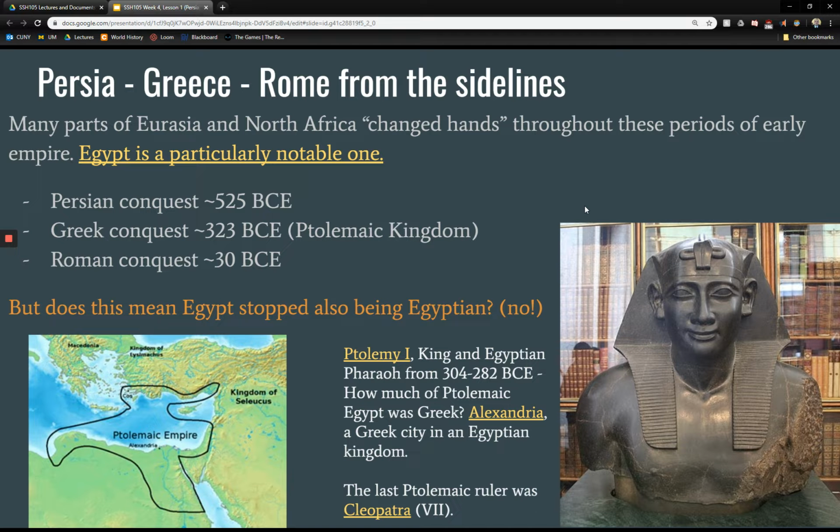And I want to look at them really briefly from the sidelines, from Egypt. So Egypt has the unlucky fate, I guess you could say, of being conquered three times by these three empires, by Persia, Greece, and then Rome. So Egyptian history is, I guess you could say, a little bit marred by this set of invasions and takeovers, if you're looking at it from a purely Egyptian standpoint.